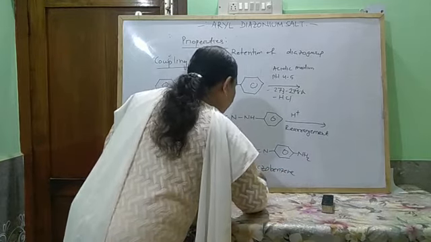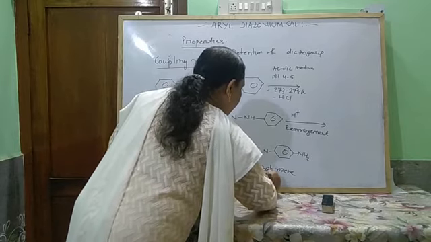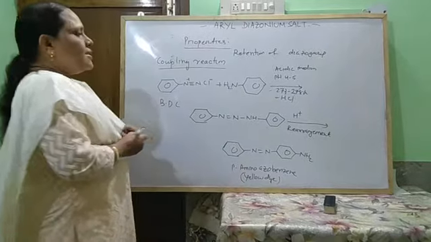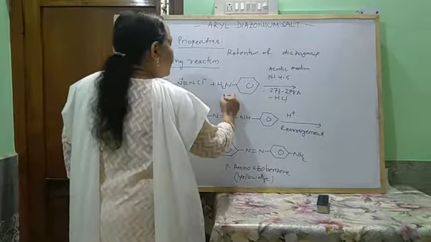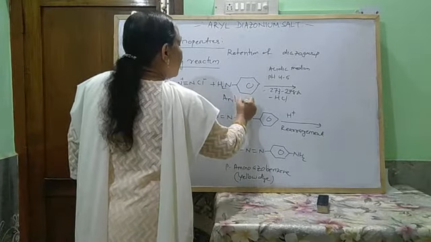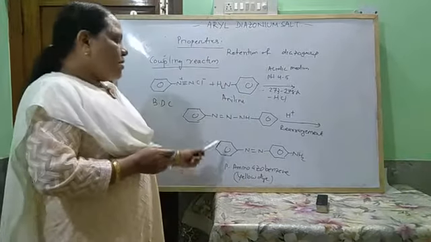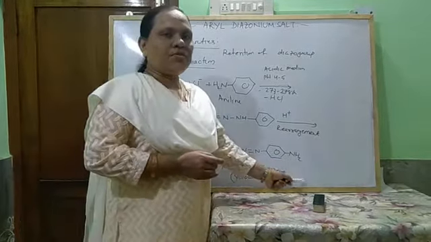This is a yellow dye. Okay, so benzene diazonium chloride reacts with aniline in acidic medium to form para amino azobenzene.